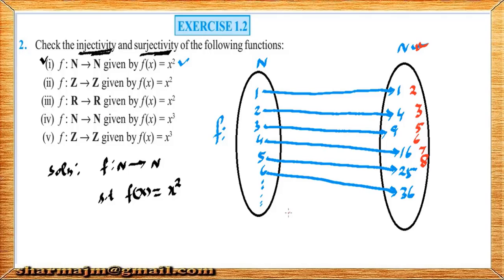So you can say 2 is in the codomain, but it does not have its pre-image.